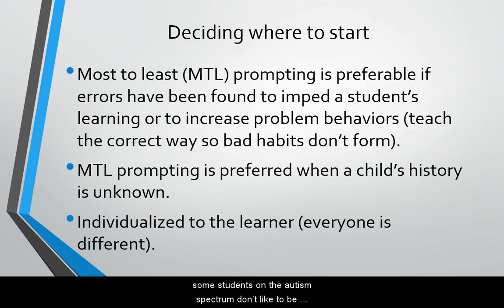However, just remember that some students on the autism spectrum don't like to be touched, so know the student's preferences before using prompts. Most to least is typically preferred when a new student moves into the district. It usually doesn't take too long to get to know the student, though, so you may not be using prompts for long. Everyone is different. What works for one doesn't mean it will work for all.